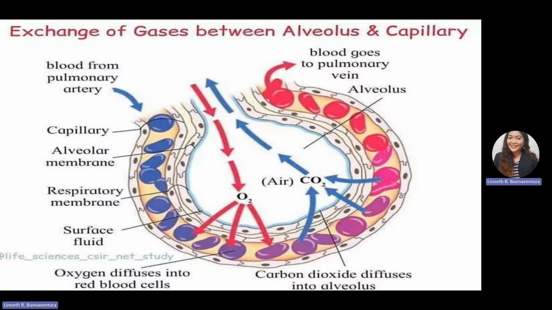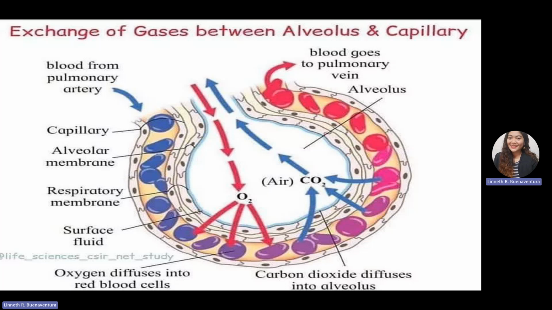The capillaries and the alveolar membrane are the respiratory membrane. The surfactant fluid allows the air sacs, or the alveoli, to exchange oxygen and at the same time keeps them from collapsing. So those are the parts.